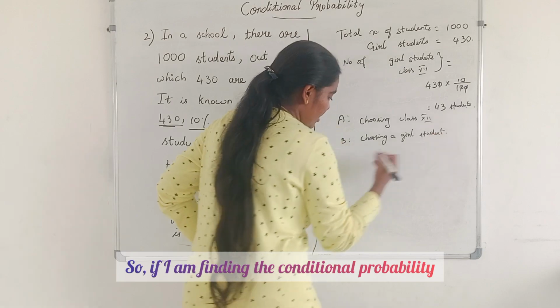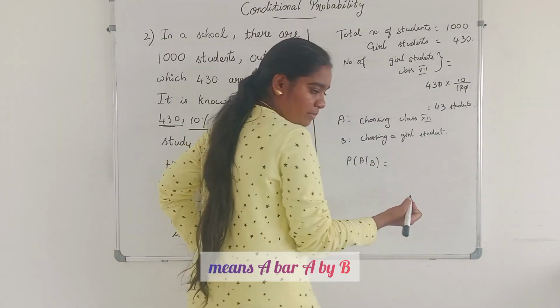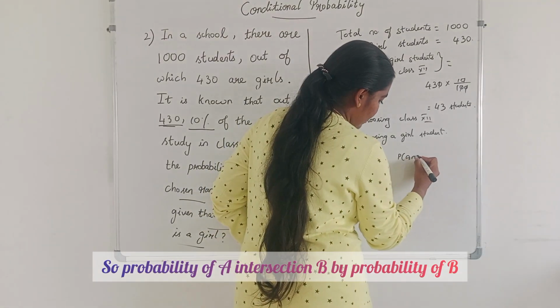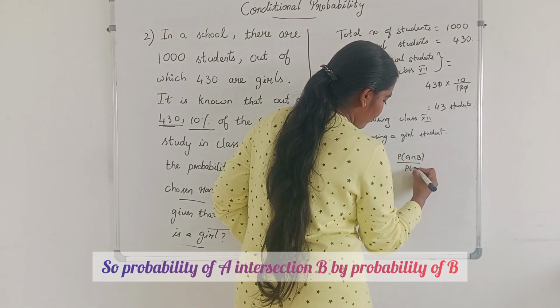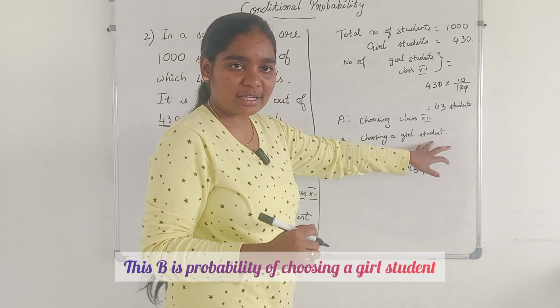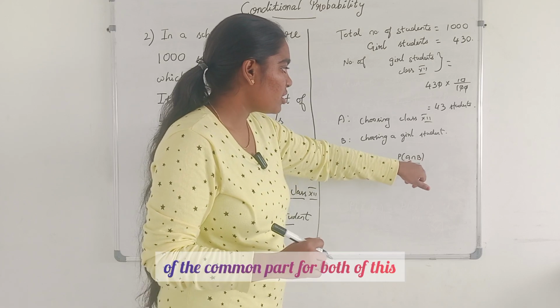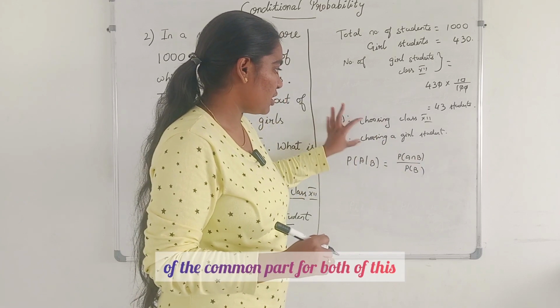So, if I am finding the conditional probability, it means A given B. So, probability of A intersection B by probability of B. This B is the probability of choosing a girl student and this A intersection B is the probability of the common part for both of these.